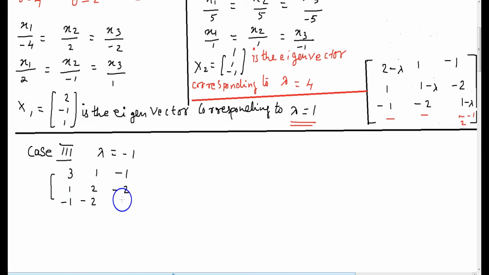And the third row is minus 1, minus 2, 2 into x1, x2, x3 equal to 0.